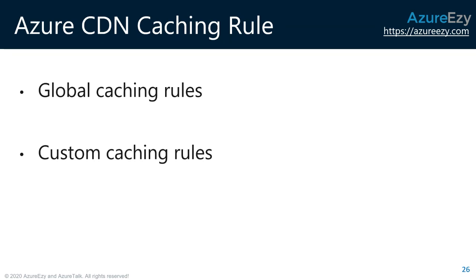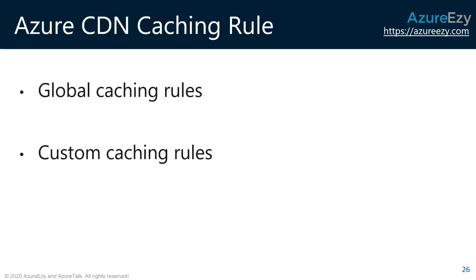One thing is you have a default caching behavior that is configured on your origin web server, origin application. Then you can configure these two caching rules on your CDN: a global caching rule and a custom caching rule. With respect to the global caching rule, you can configure one caching rule for each endpoint in your CDN profile.